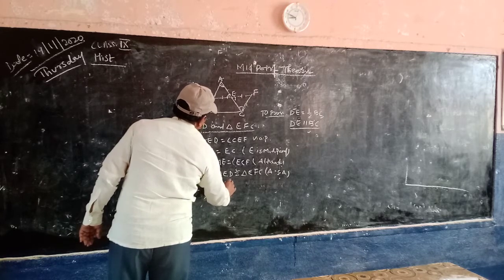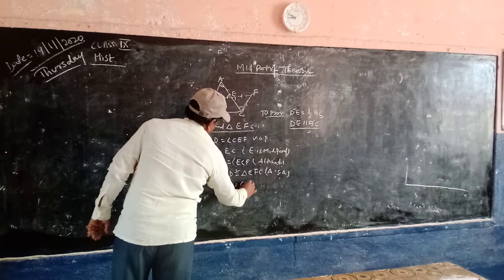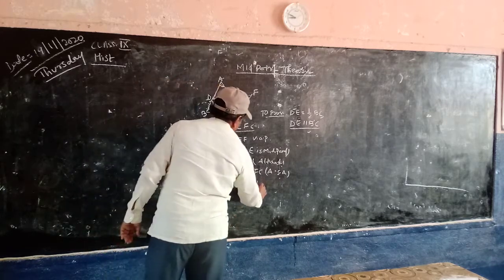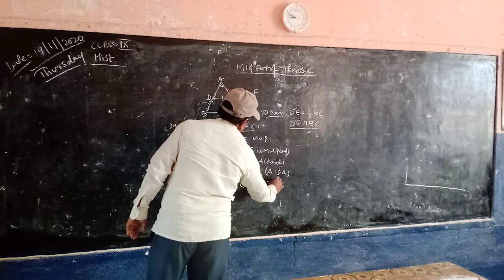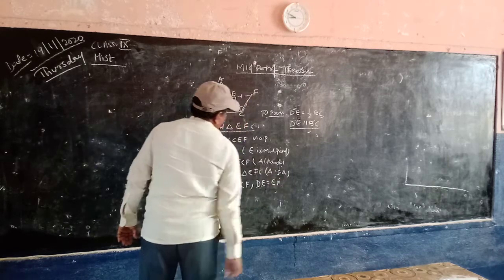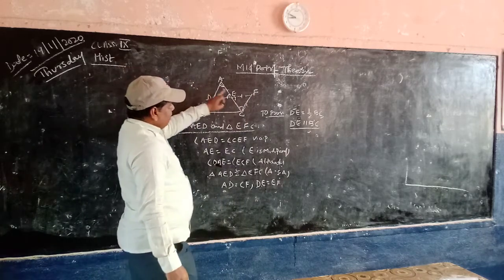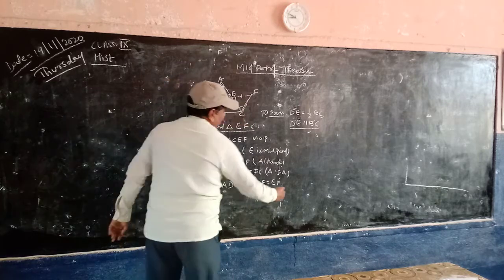You find here AD equal to CF and DE equal to EF.